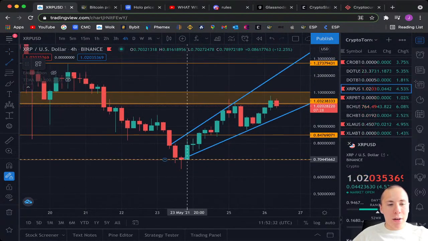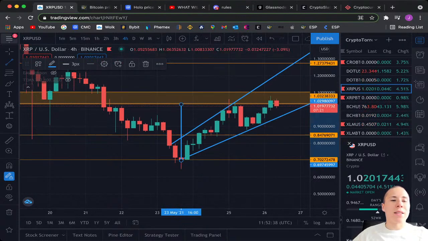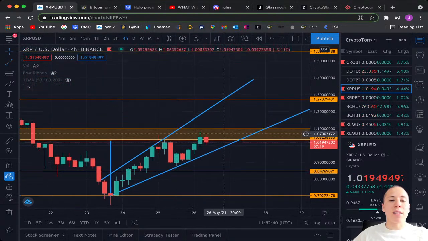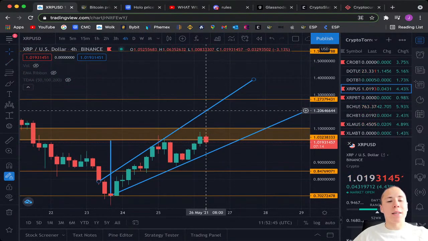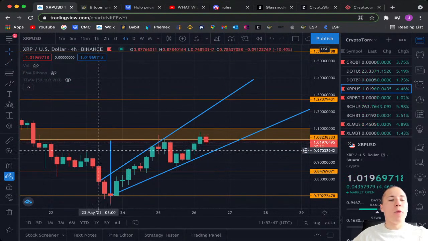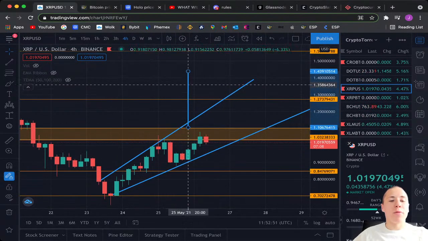So let's take a look, and I will be measuring it just not that big, just like this, because if it retests this broadening wedge, this ascending level of resistance of the broadening wedge, and is rejected, after that you will be placing the measurement tool a little bit different. It will be a higher move that will be getting created.